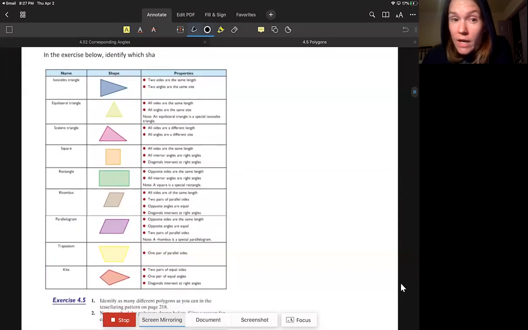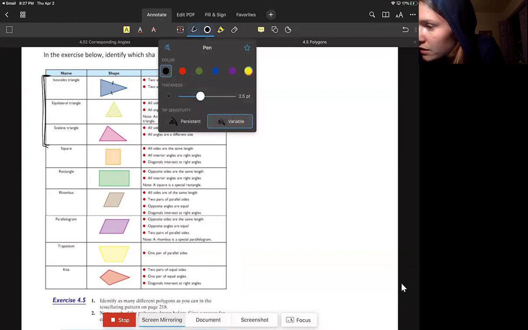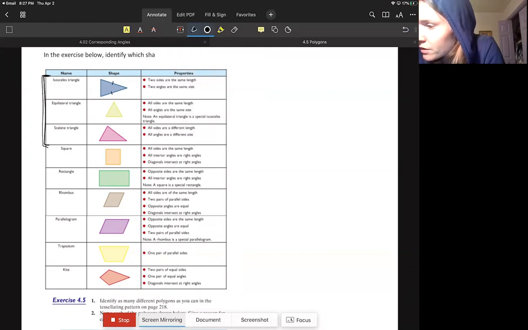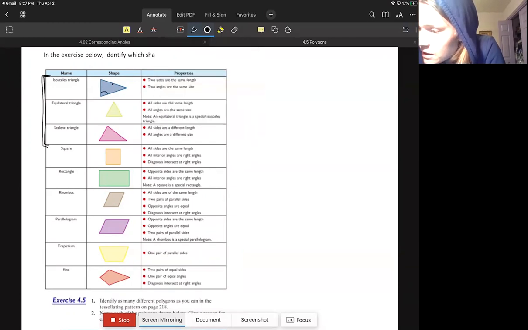So I want to start out by identifying which of these shapes right off the bat are pretty similar to one another. So of course we have our three triangles here, isosceles, where this side and this side are the same length. But also what that means is this side corresponds with this angle, and this side corresponds with this angle.